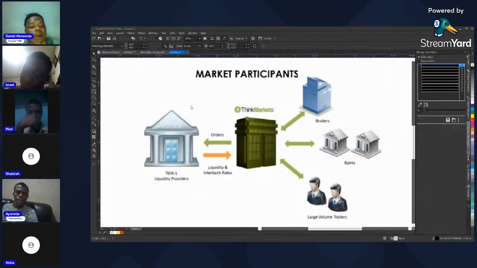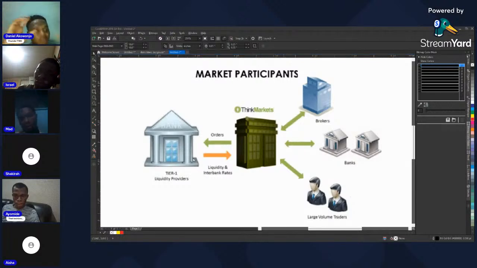For every trader who wants to trade successfully, you have to understand that the movements in the market are not just happening by themselves. They are moving because people are behind everything.